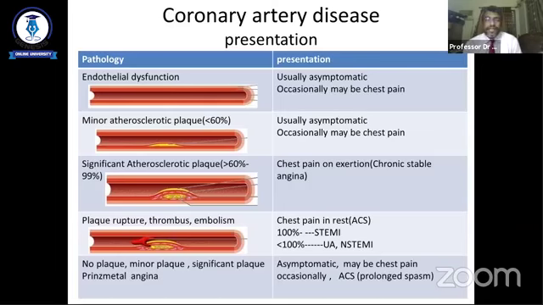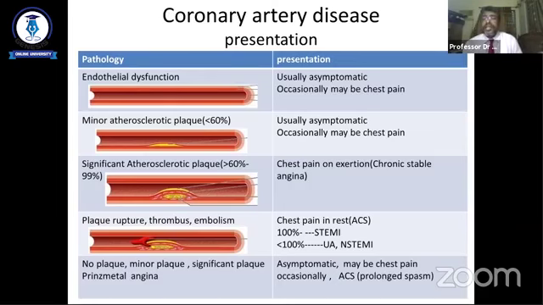Last lecture I discussed the overview of ischemic heart disease, and we all know that ischemic heart disease has two entities. One is acute coronary syndrome, and another is chronic stable angina. Chronic stable angina is when the patient has chest pain, especially on exertion for a prolonged period, and this chest pain is increasing in intensity day by day.